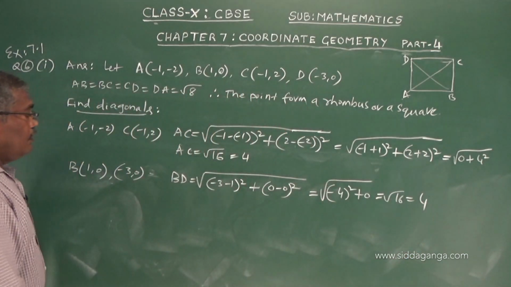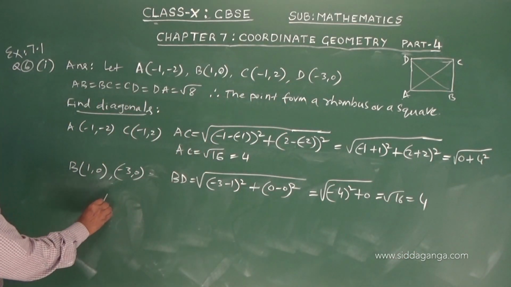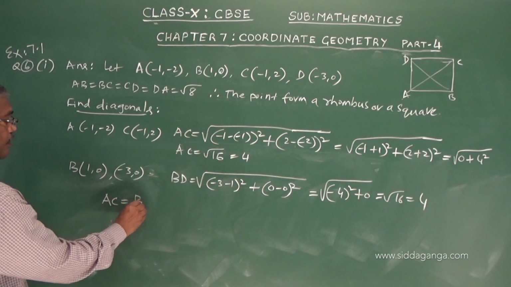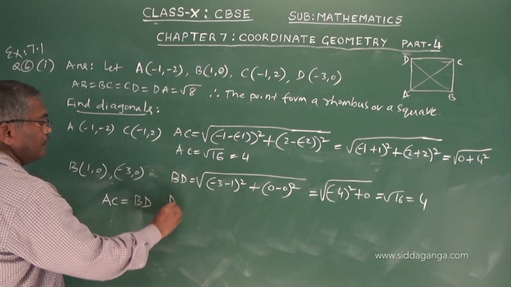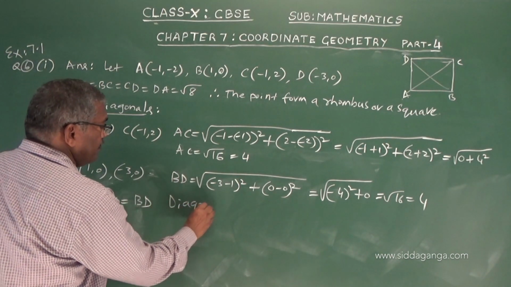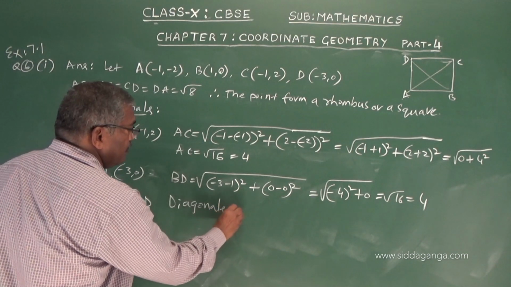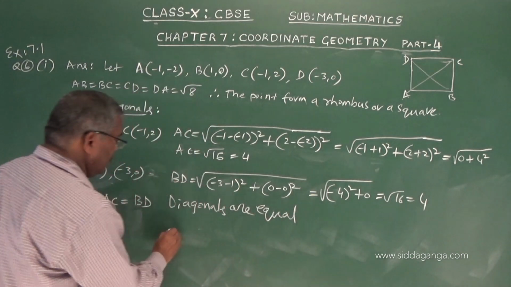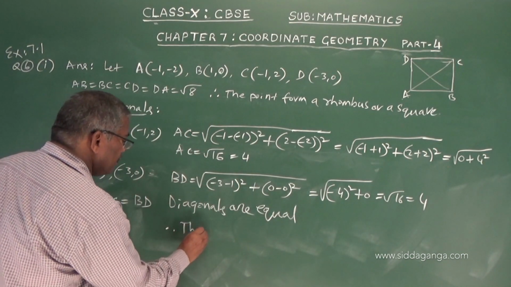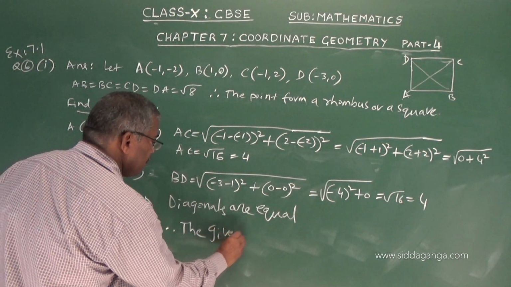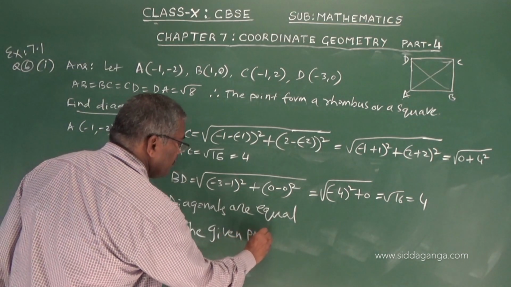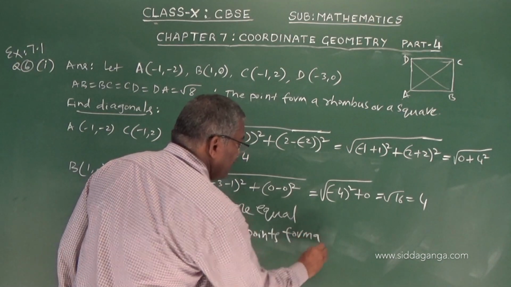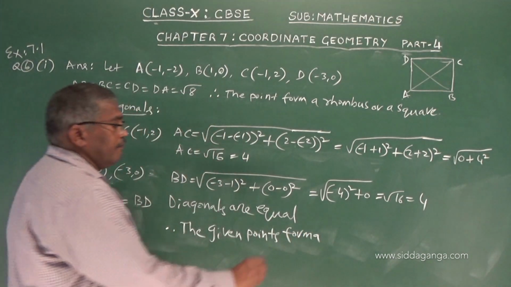So what did we get? We got the diagonals equal: AC equals BD. Therefore the given points form a square.